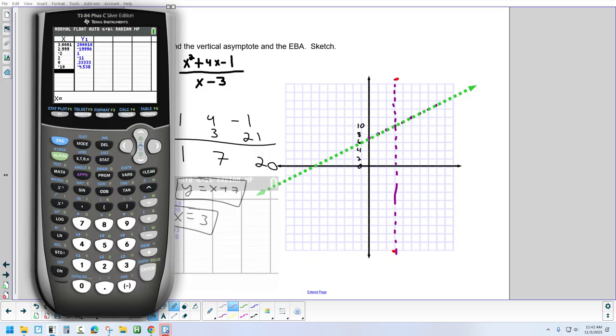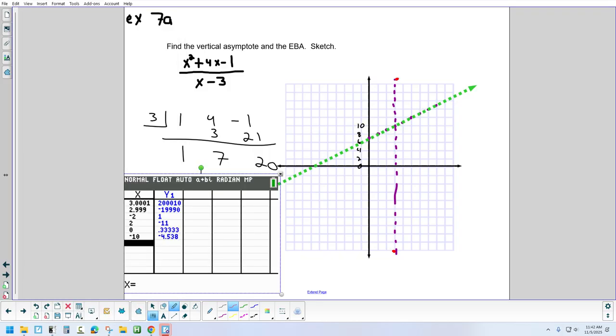Okay, so let's do those. So graph them. We've got negative 2, 1. Remember, my y-axis goes by 2. So at 2, negative 11. So 2, 4, 6, 8, 10, 11.